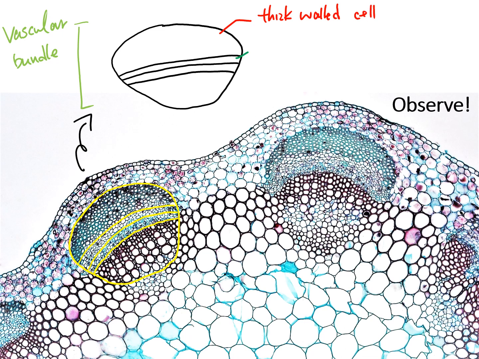The second layer should be the phloem. The very bottom layer should be the xylem. And the middle layer, between the phloem and xylem, would be the vascular cambium. And the vascular cambium is the lateral meristem.